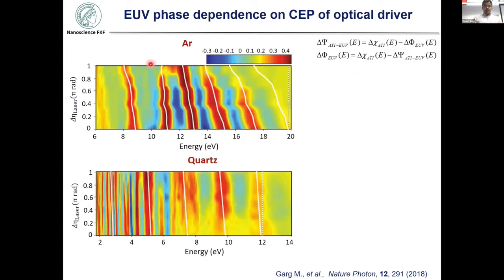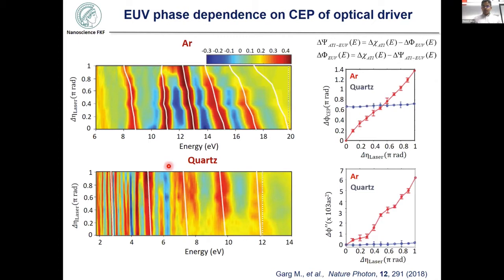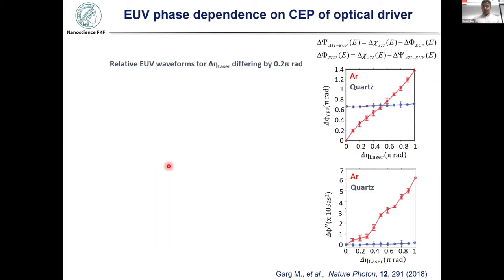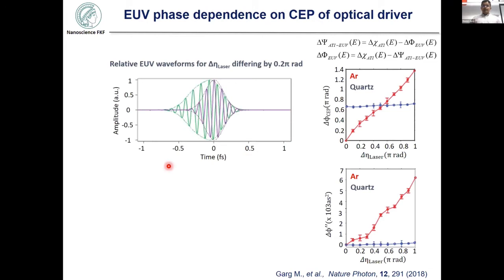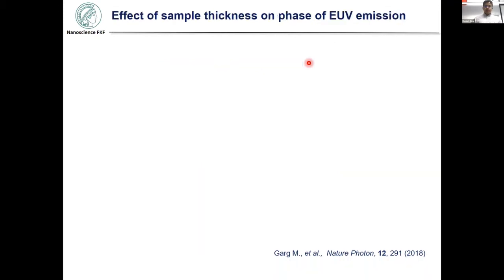And here again, what we see is a huge dependence in case of argon, where the phase varies quite dramatically with respect to the CEP change of the optical pulse, and in case of quartz, it remains more or less static. And now if we just vary the CEP of the optical pulses by 0.2 pi, you see that there is a dramatic change of the waveform of the EUV pulses, and this almost does not change for the case of EUV emission from quartz.